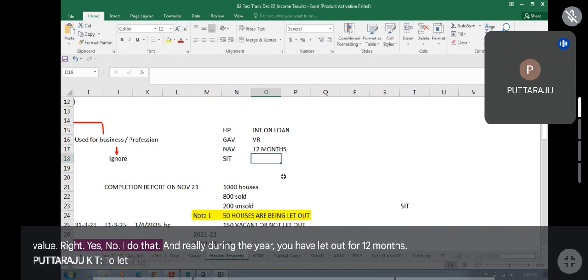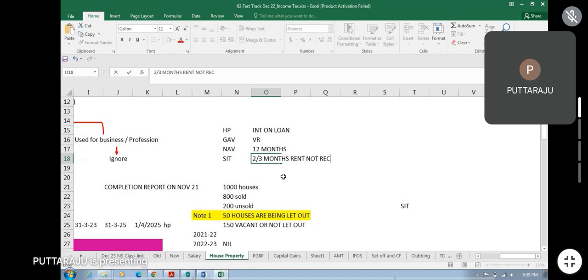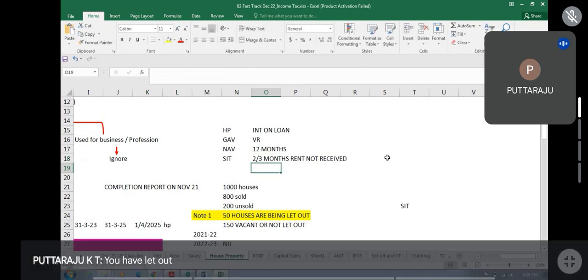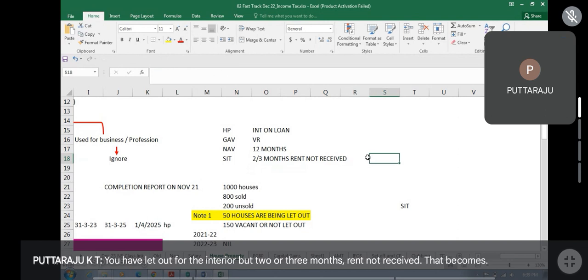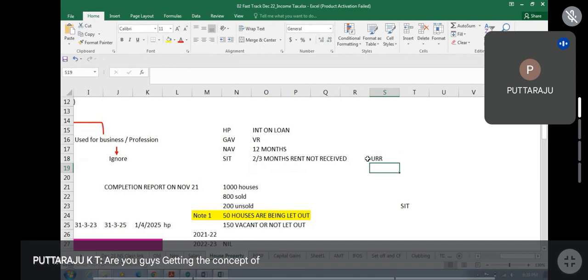You let out for the entire year, but 2 or 3 months rent is not received. That is called unrealized rent. Are you getting the concept of unrealized rent?